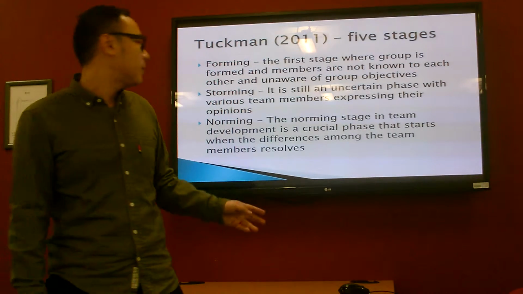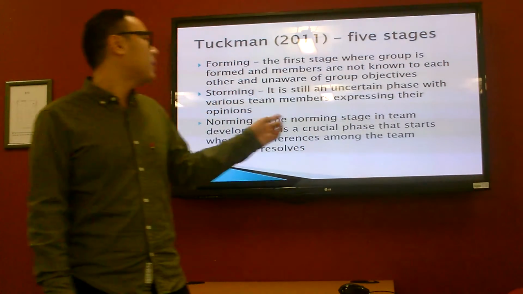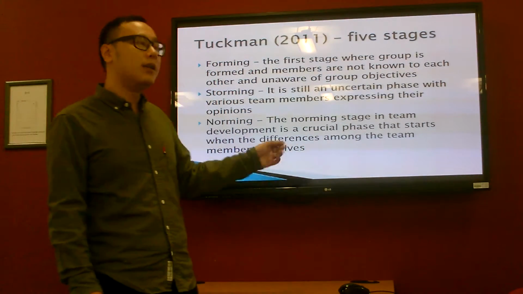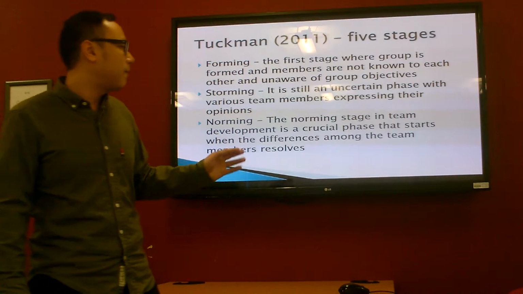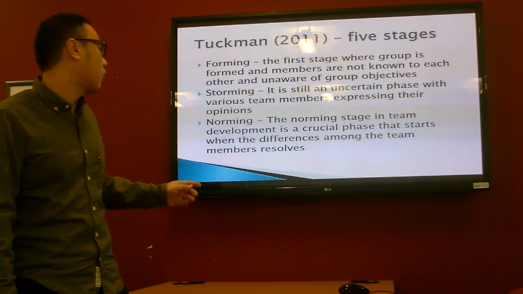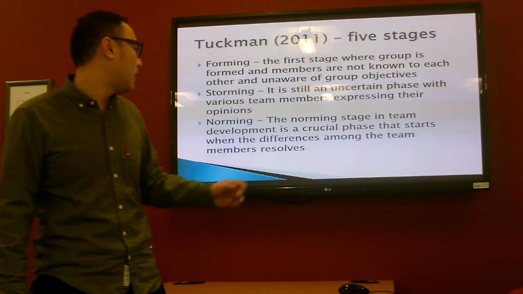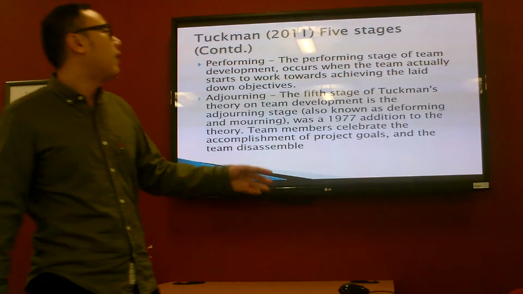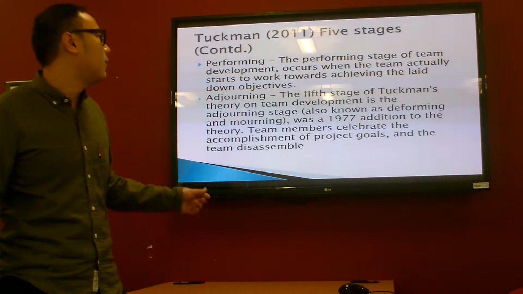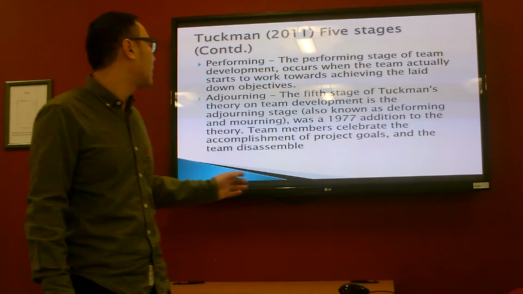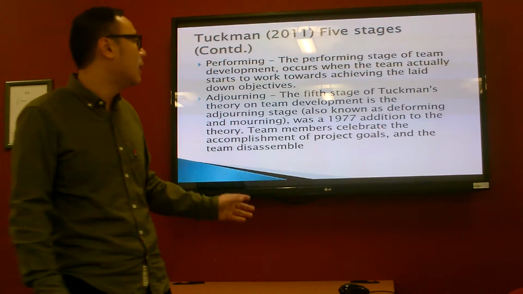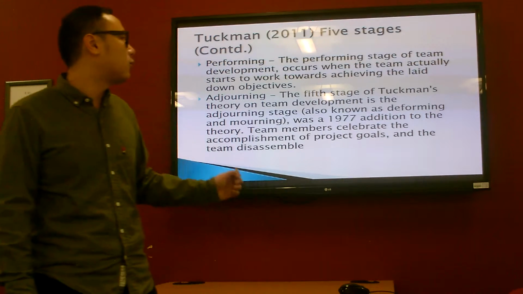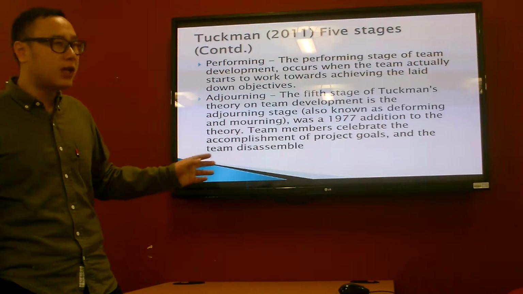And the norming stage in team development is a crucial phase that starts when the differences among the team members are resolved. Then the performing stage of team development occurs when the team actually starts to work toward achieving the laid-down objective.